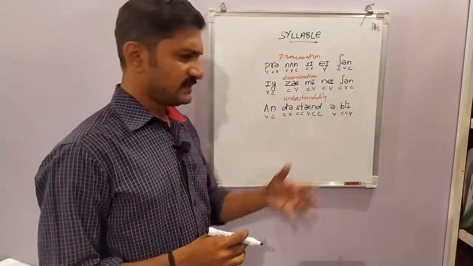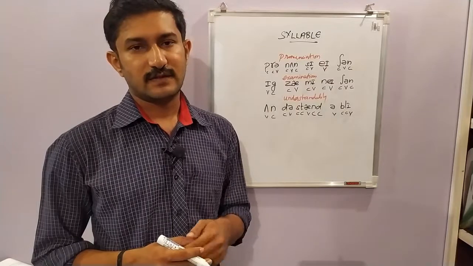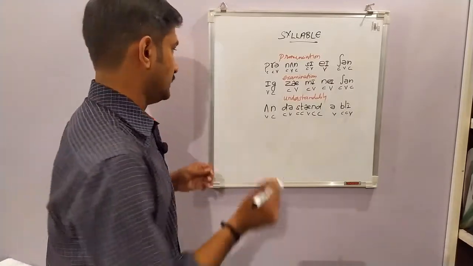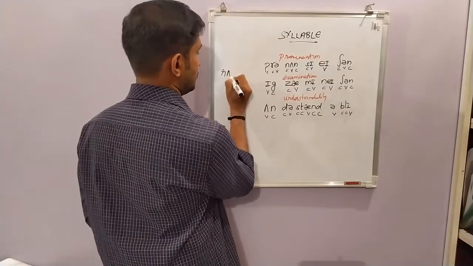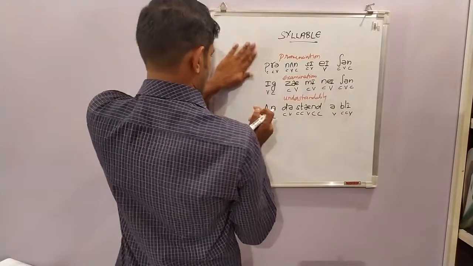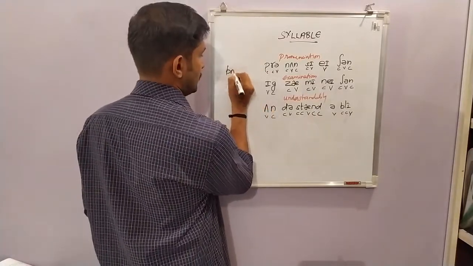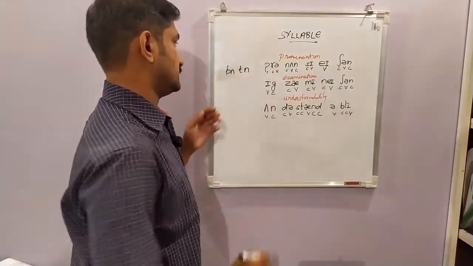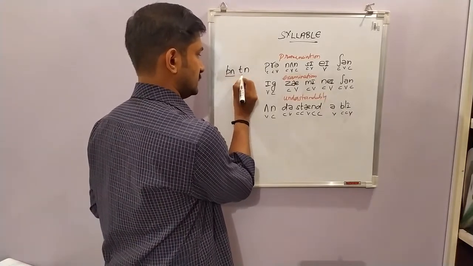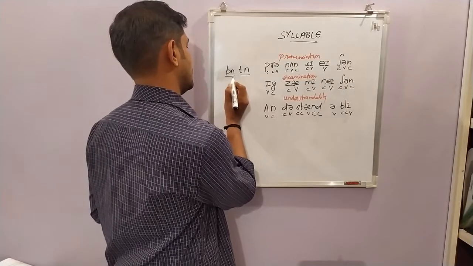But there are certain situations in which a syllable is formed without a vowel sound, like in button. We have two syllables here. The first one, but, the second one, tn.